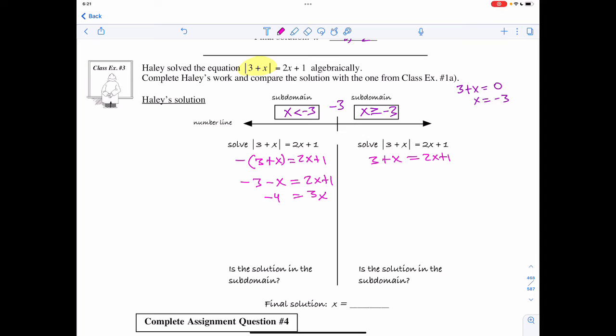And then when I divide both sides by 3, negative 4 over 3 is equal to x. Is negative 4 over 3 less than negative 3? No. So I'm going to reject that solution. Doesn't fit in the domain.